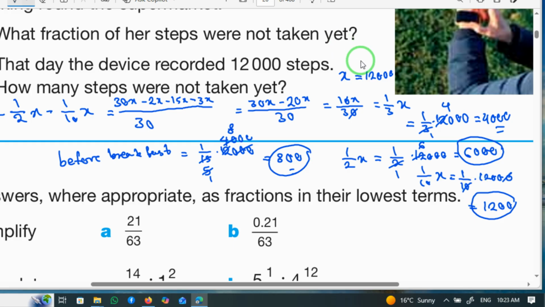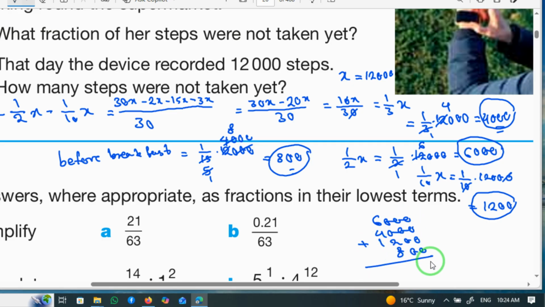Now we check all of them. Here we have 4,000 remaining after coming from the supermarket or the town. Now we total all of them. The total must be 12,000. Here we have 6,000 plus 4,000 plus 1,200 plus 800.